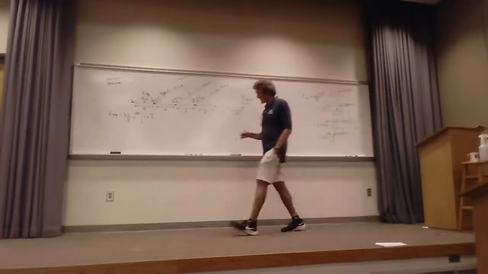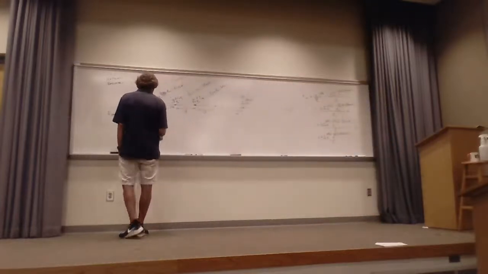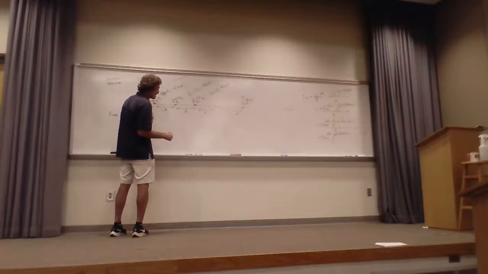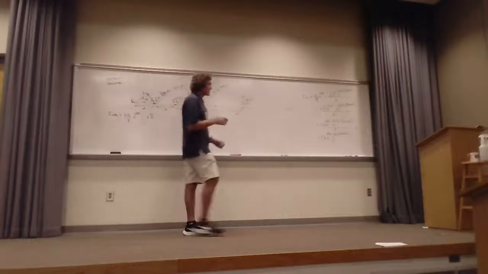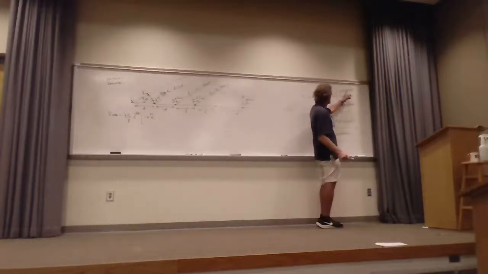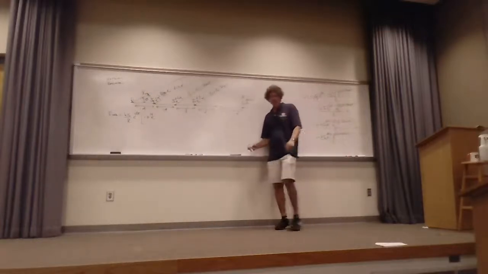So now I'm going to put e to the plus j, because it's going to be minus j beta times minus, which is plus, right?